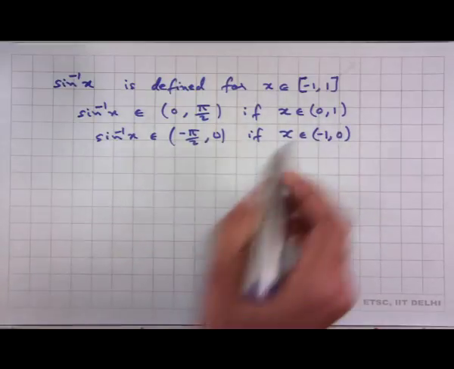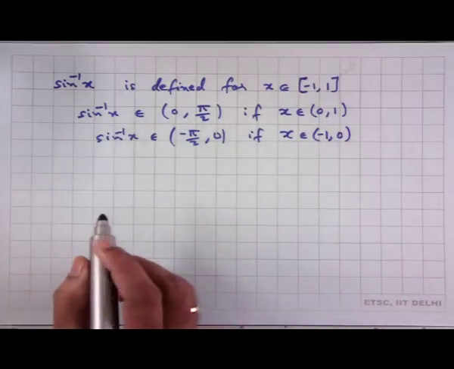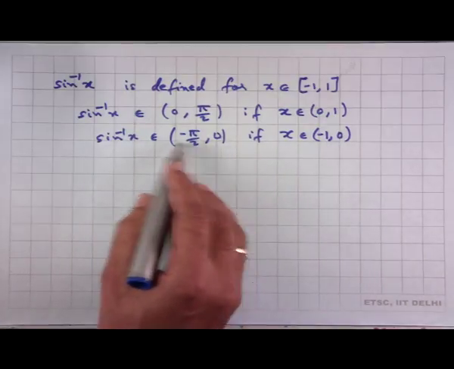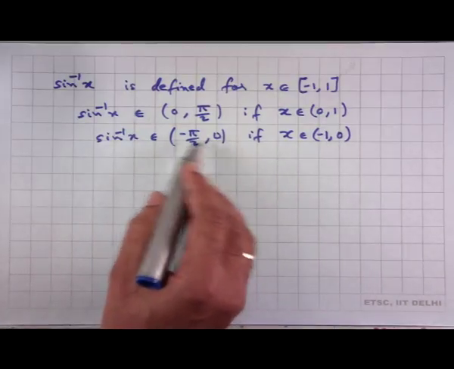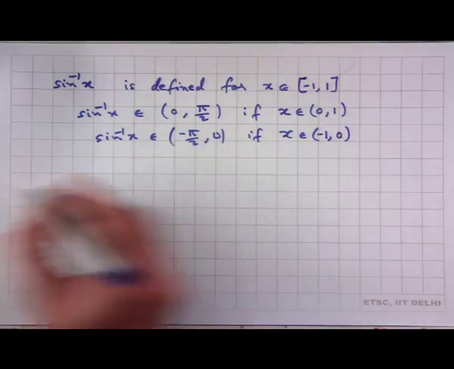So, if x is positive, then sine inverse x is in the first quadrant between 0 and pi by 2, and if x is negative, then sine inverse x is in minus pi by 2 to 0.